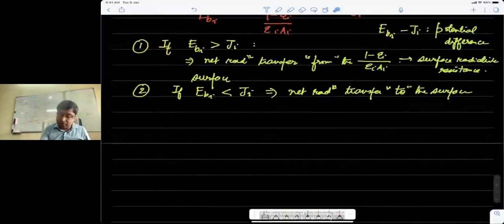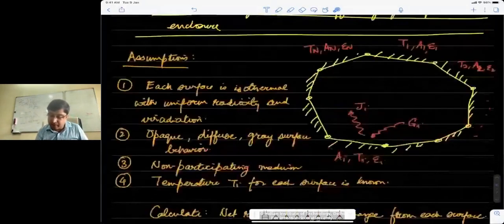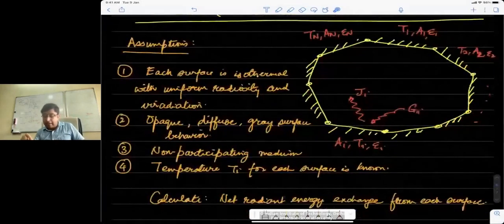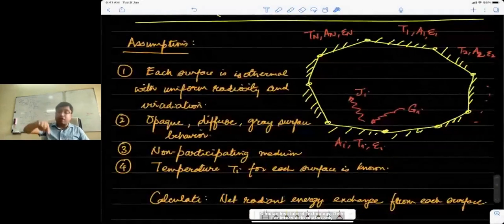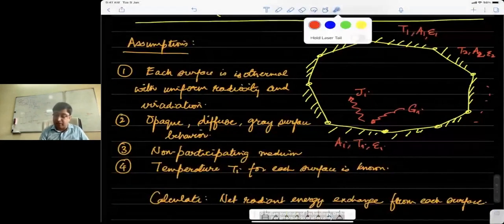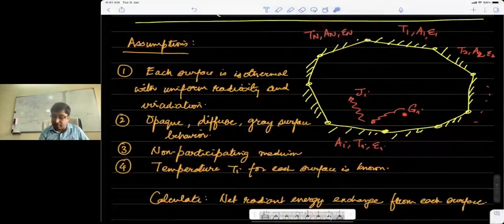If I go back to the enclosure, I know that the irradiation on a surface i should be a result of radiosities emanating from all other surfaces, including itself. If the surface itself was concave, it can actually be seen by itself. So G_i, and please listen to this carefully, should be a contribution of J's from each and every surface.